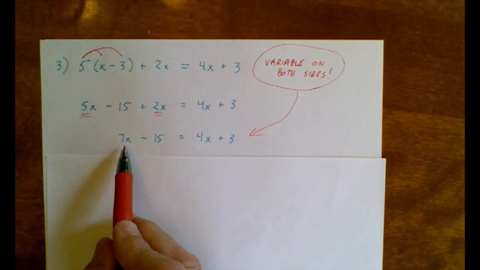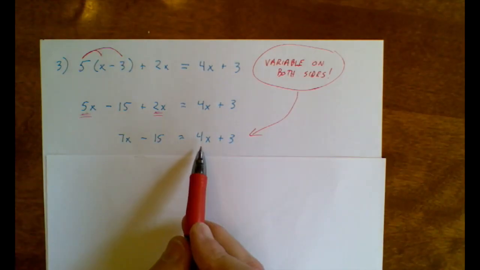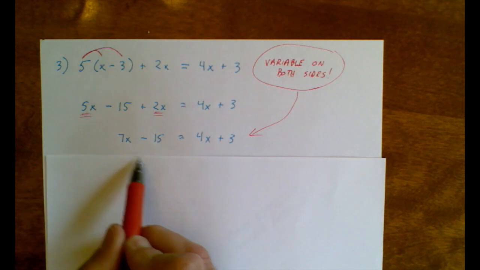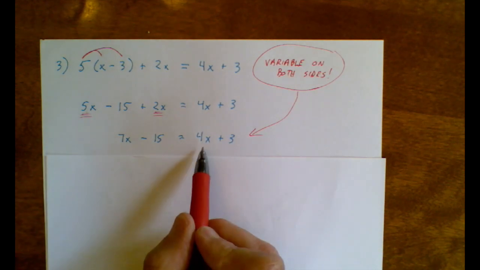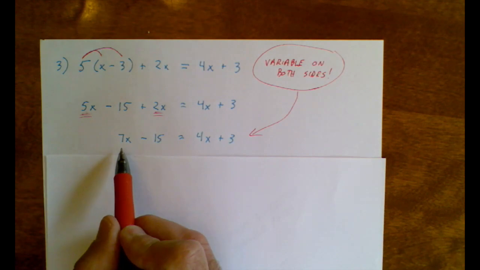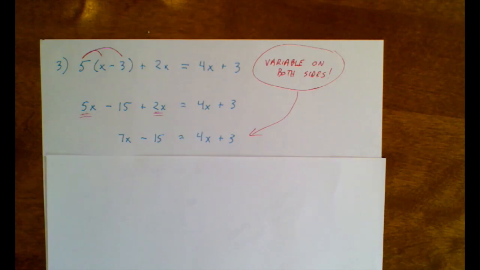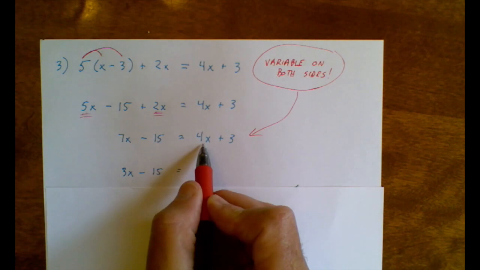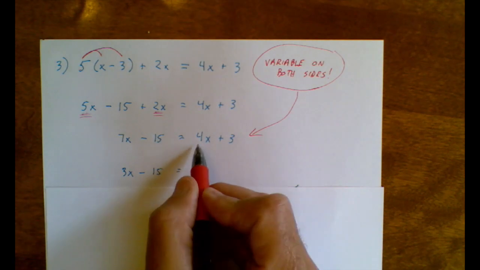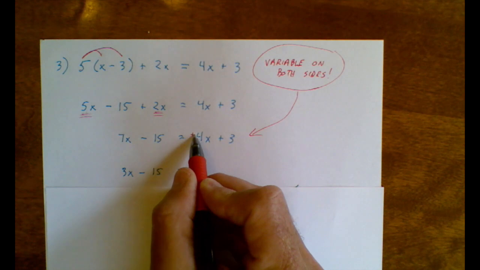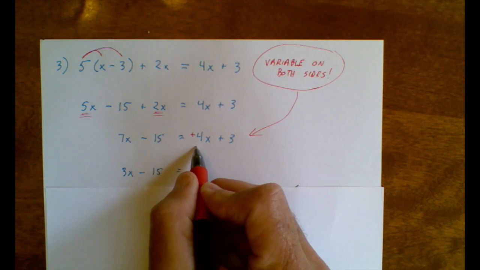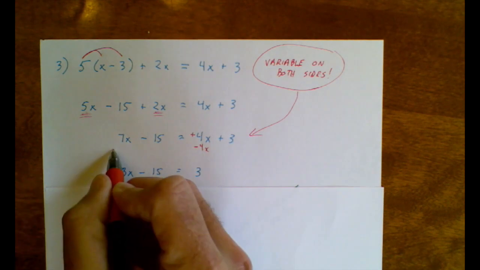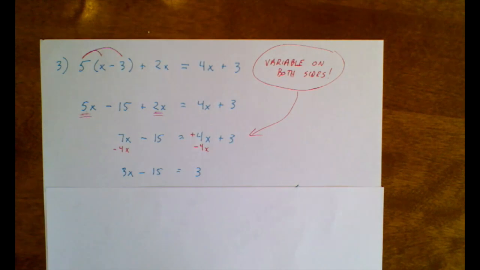I have a 7x on the left, a 4x on the right. I can choose to send the 7x over to the other side or the 4x to the left side. It doesn't matter which one you choose, you just have to do it correctly. So I choose to send the 4x over here, and remember this 4x secretly has a positive sign on it, so I do the opposite by subtracting 4x from each side.